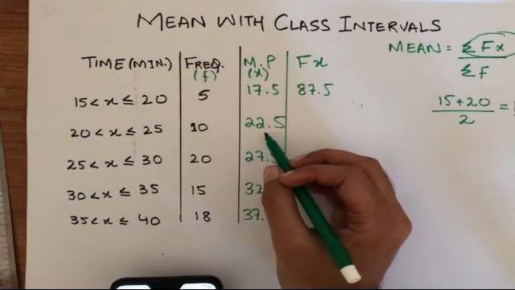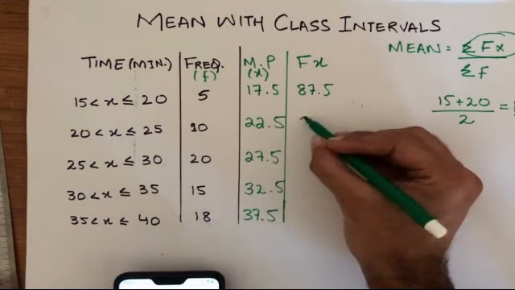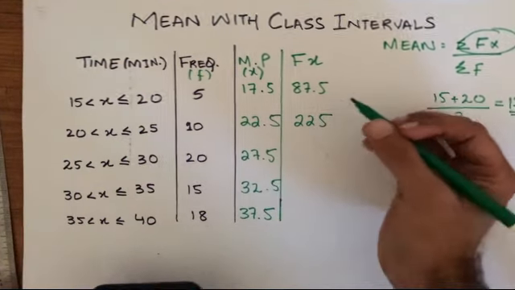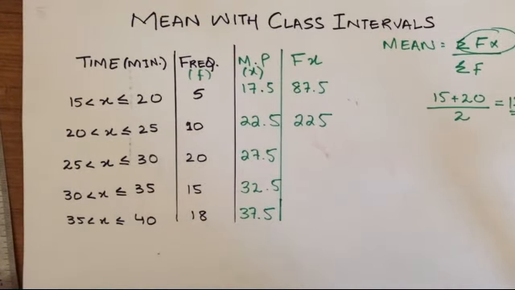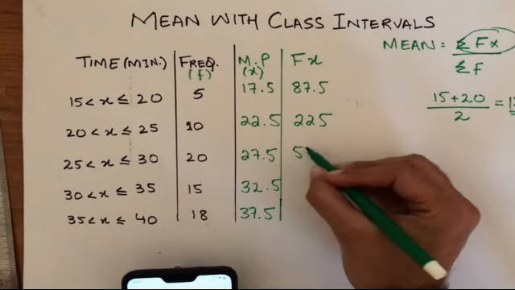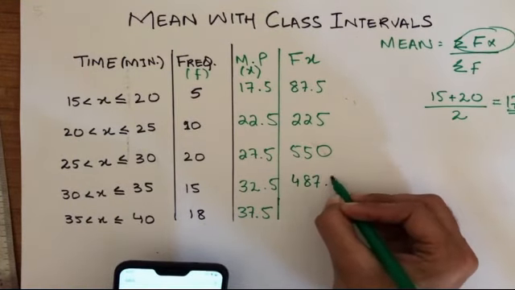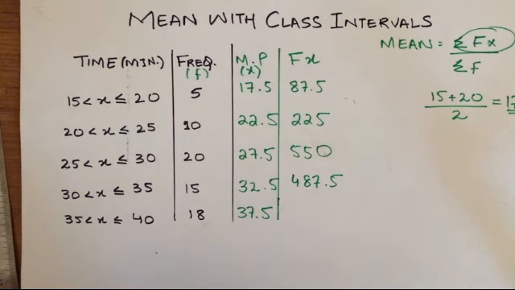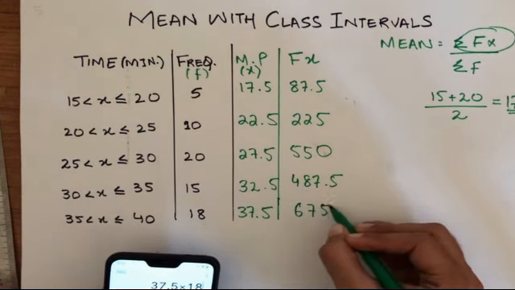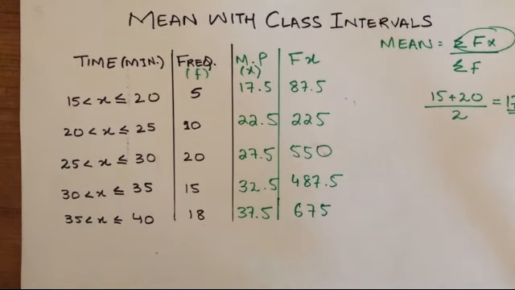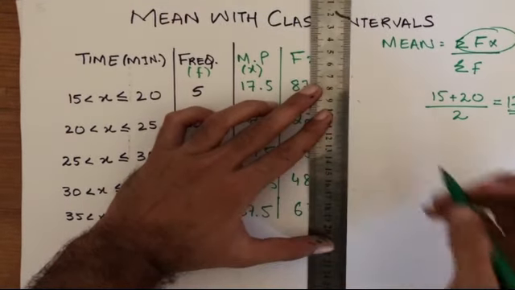Moving on to 22.5 with 10, that is simply 225. 27.5 with 20 is 550. 32.5 with 15 is 487.5, and 37.5 with 18 is 675. So there we have the column for f times x.